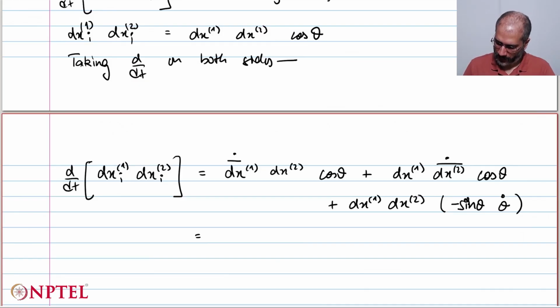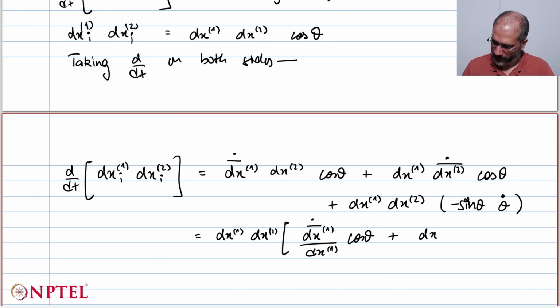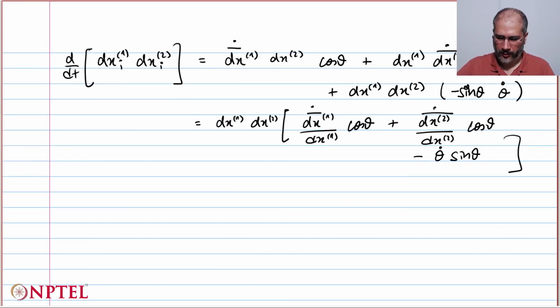So on the right hand side, I'll take dx1 dx2 common, so that gives us dx1 dot upon dx1 times cos theta plus dx2 dot upon dx2 again times cos theta plus, or rather a minus, theta dot times sine theta. So let us call this 2.